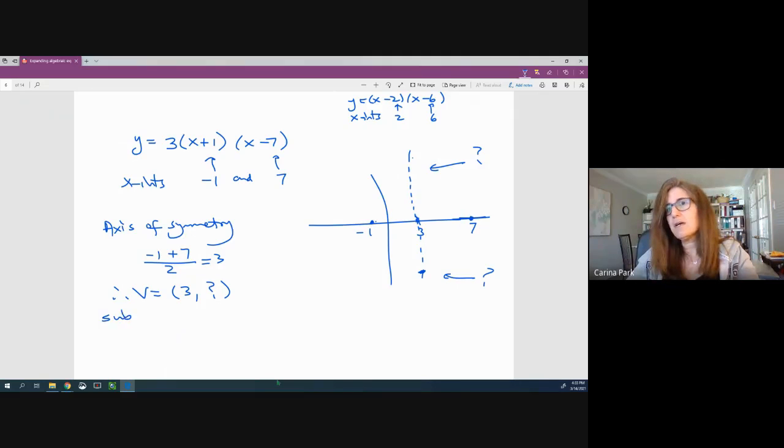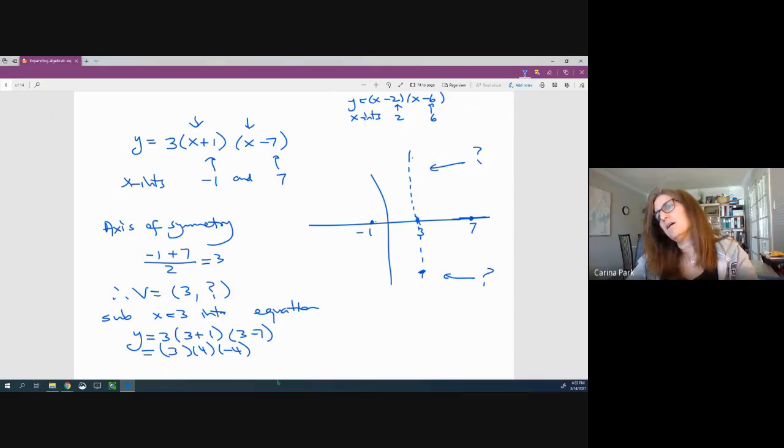Now, I know exactly where it goes. So now we will sub x equals 3 into the equation. So if we put the x equals 3 into there, we can calculate the y that goes with 3. So this is 3 times 3 plus 1 times 3 minus 7. I'm substituting into here. Okay, and that gives me 3 times 4 times -4. And that looks like -48.